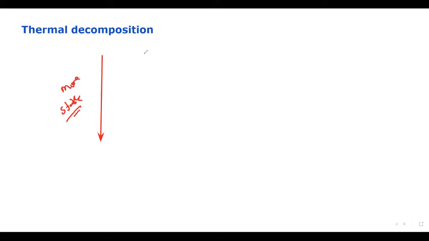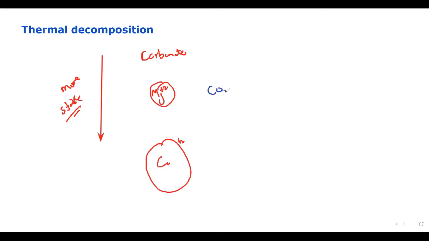What is the reason for that? For example, if you are talking about carbonates, the magnesium ion is smaller in size and the calcium ion is larger in size. And in this example, the blue circle is representing a carbonate ion.